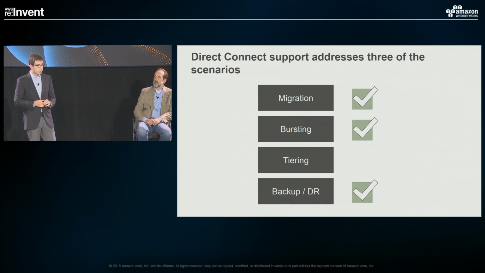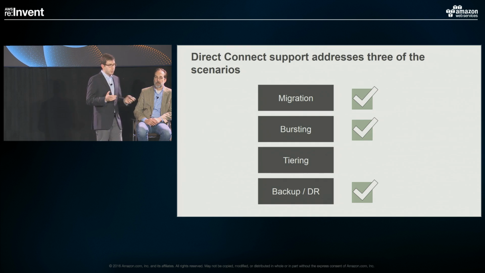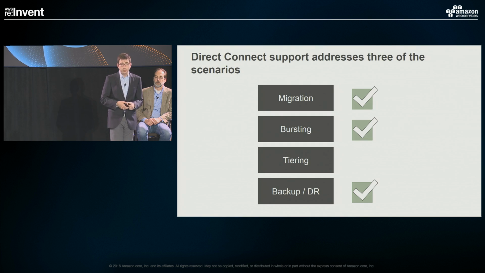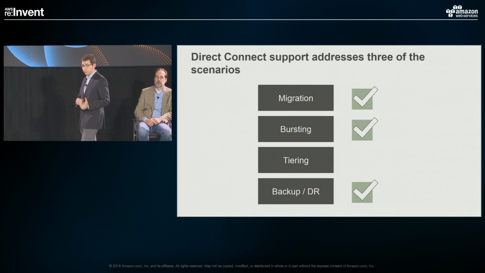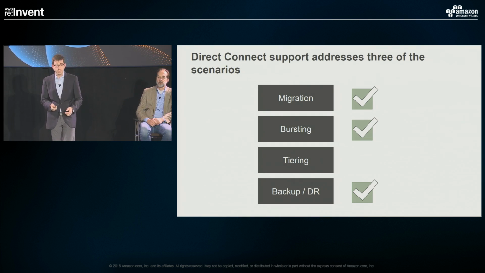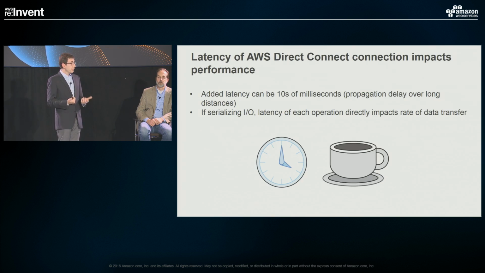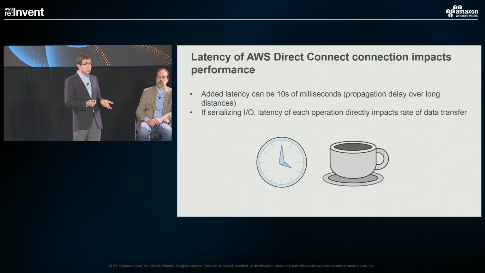It's probably not a great solution for most tiering applications because you'll want your hotter data to be on-prem still for those. So this is really about moving your data in and moving your data out.